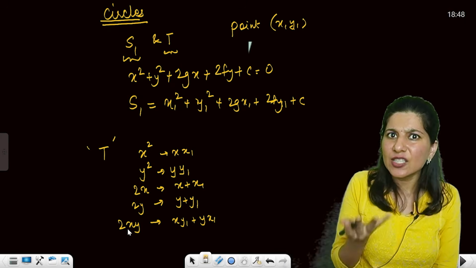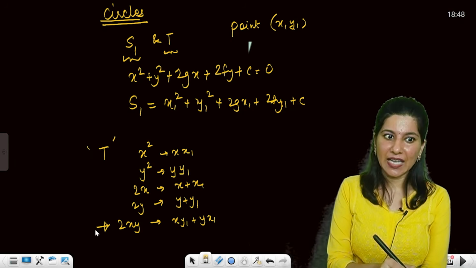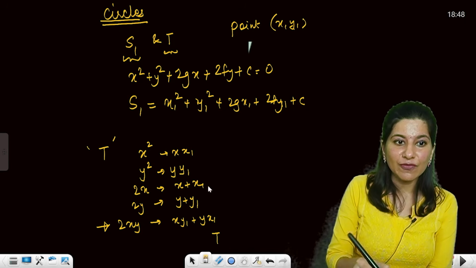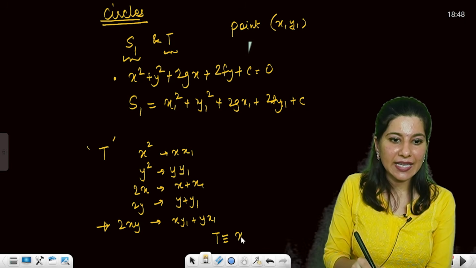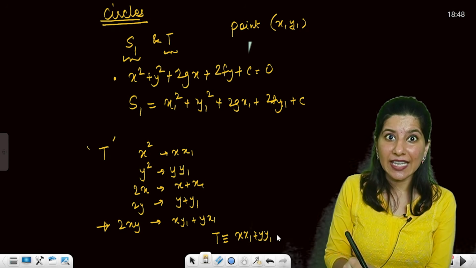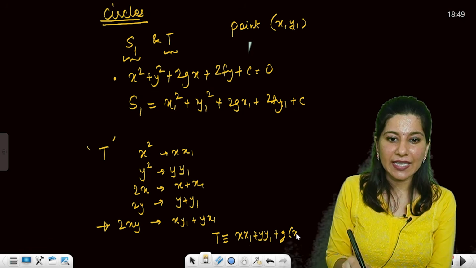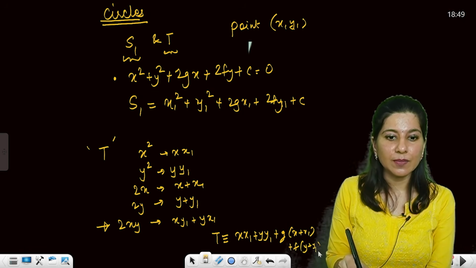But in this case, the xy term is not there, so you can just ignore this. So if I ask you to calculate T for this circle, you will say T value will be xx1 plus yy1 plus g into x plus x1 plus f into y plus y1 plus c.